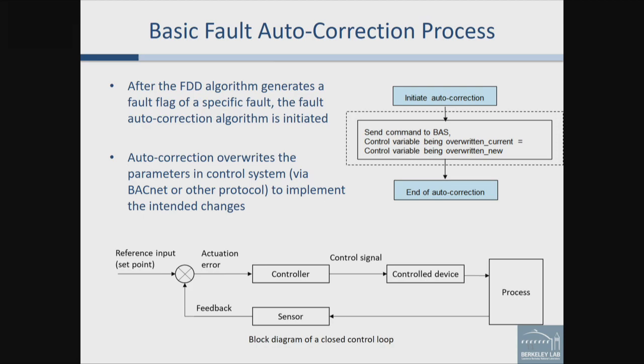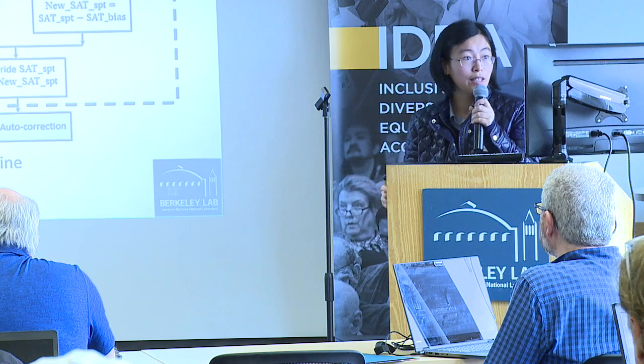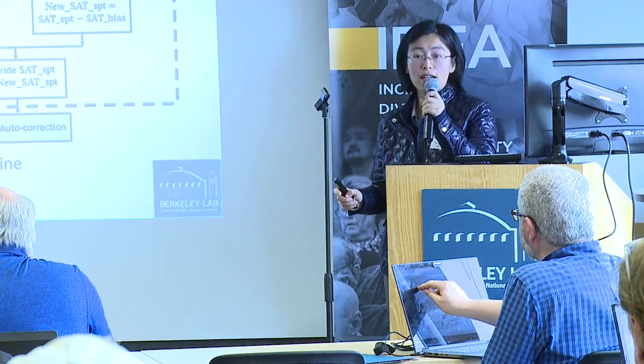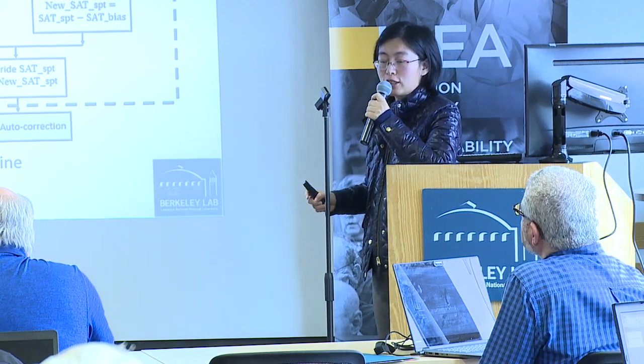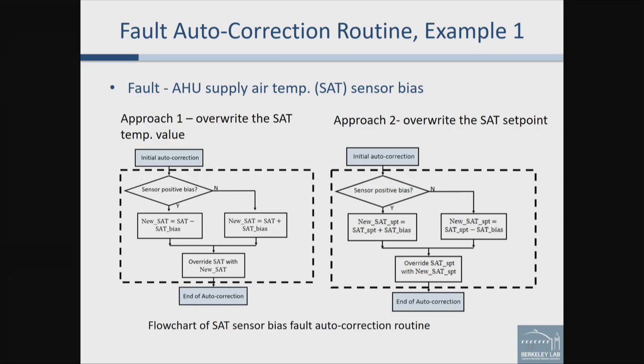When we developed the auto-correction routine for a specific fault, we went through this process to find out which is the best variable to override. I will give you two examples. The first example is the sensor bias. How can we fix this problem in the system? We found there can be two ways. The first way is we can override the temperature value. The example here is a supply air temperature sensor bias.